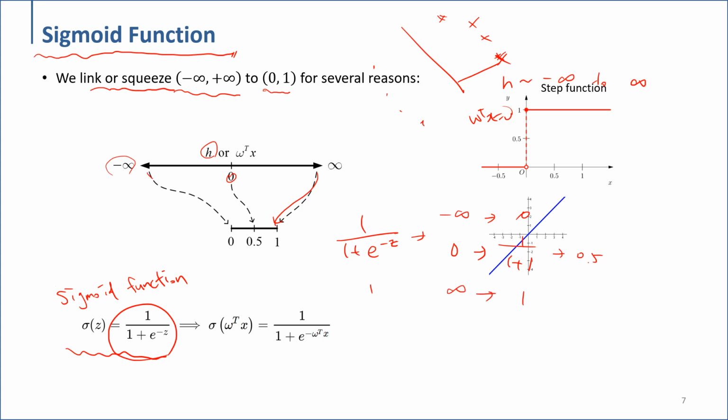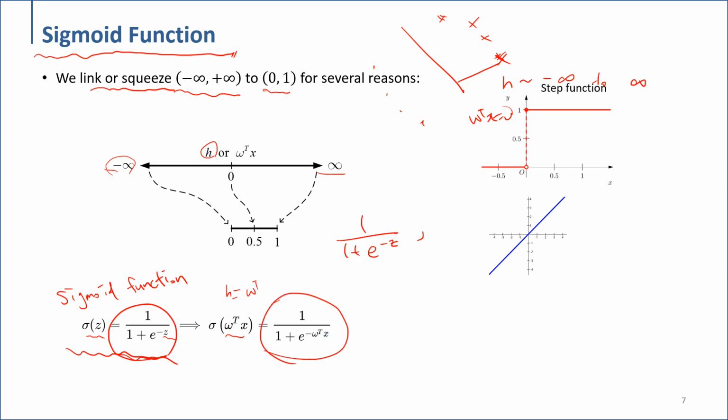So the values from -infinity to infinity will be squeezed into the range from 0 to 1. More specifically, we're going to squeeze the distance h, or omega transpose x. So when you put omega transpose x instead of z, you get this format.